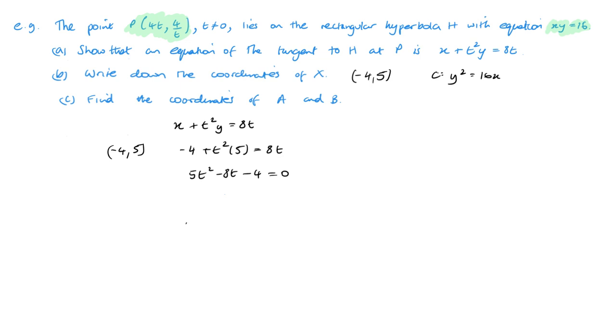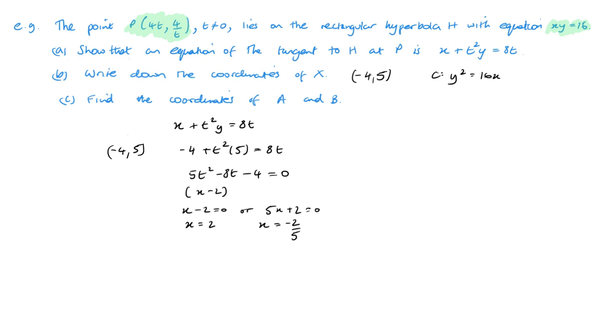So using my calculator, I got t equals 2 and t equals minus 2/5. Okay, so I can actually go backwards from these. So t minus 2 equals 0, or 5t plus 2 equals 0.